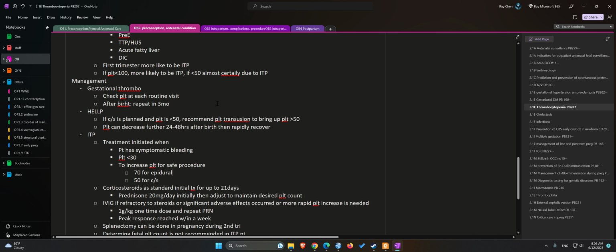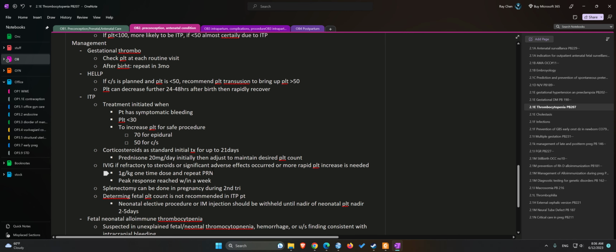Corticosteroids are the standard initial treatment for up to 21 days. Prednisone 20 milligrams per day initially, then adjust to maintain desired platelet count.